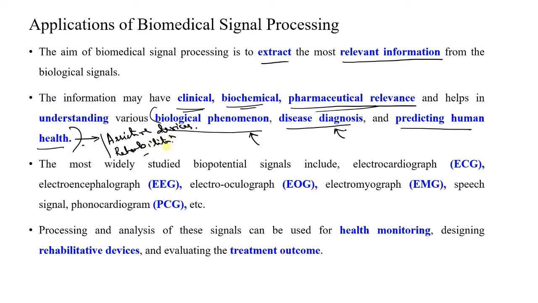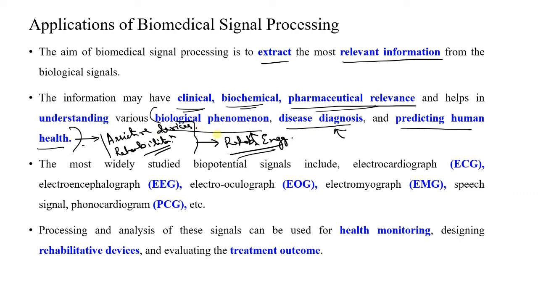So combinedly we can say rehabilitation engineering, rehab engineering. I'm writing in short. So rehab means rehabilitation engineering. In short, it is regarded as rehab. So these are the broad application areas of biomedical signal processing.